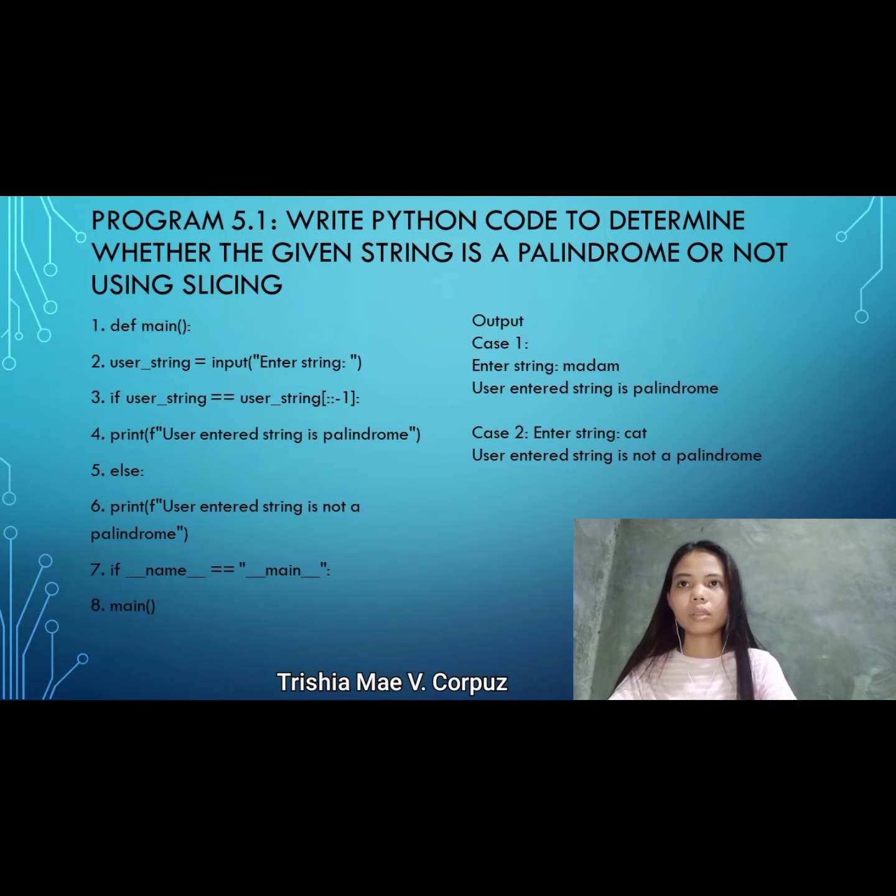Write Python code to determine whether the given string is a palindrome or not using slicing. Dito sa example na to, pag na-execute to, nag-enter ka ng string, at i-identify niya kung palindrome ba siya or not.